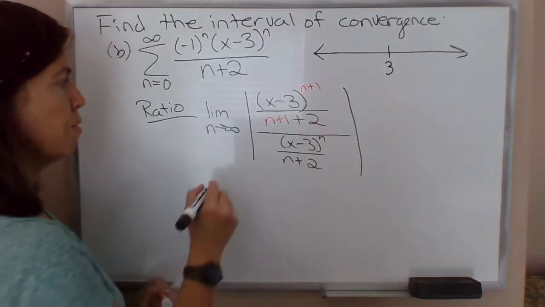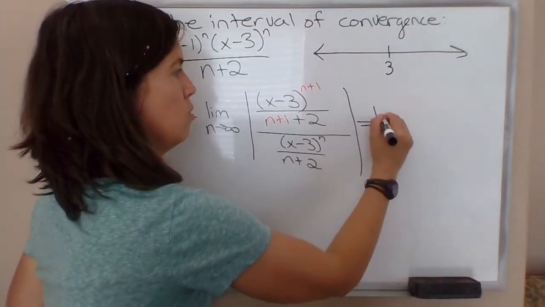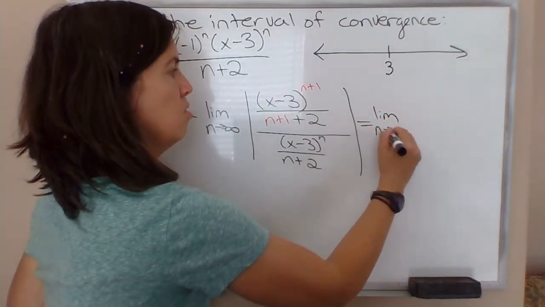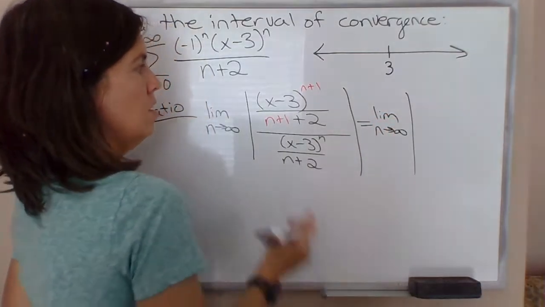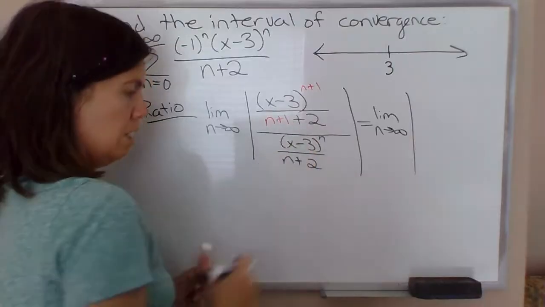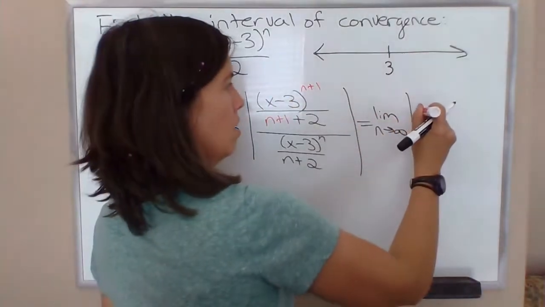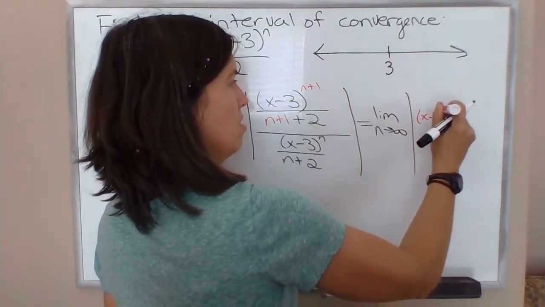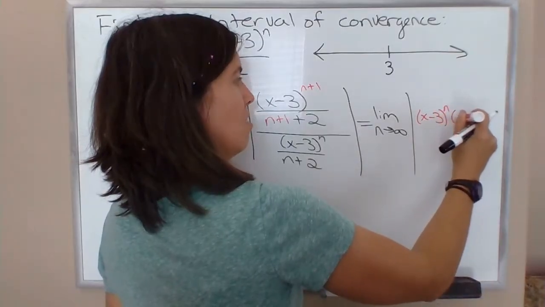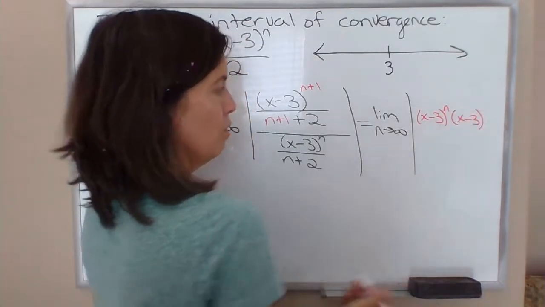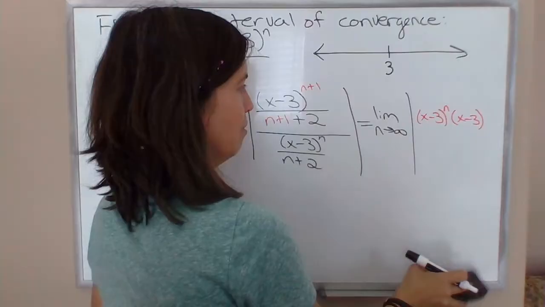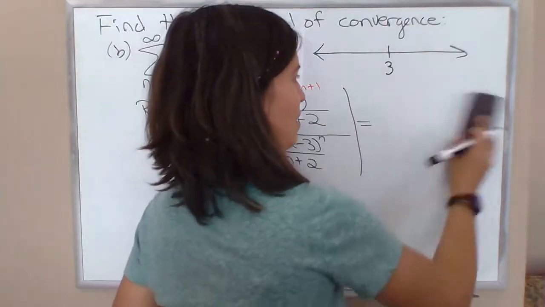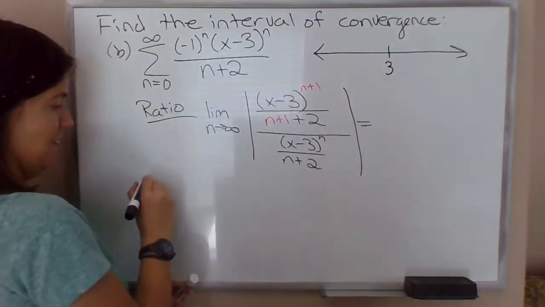Okay, so now we need to simplify. So this is equal to the limit as n approaches infinity. So this expression right here I will write as x minus 3 to the n times x minus 3 to the first. I'm going to run out of room, aren't I? Hold on. I'm going to start over down below. Go ahead and work ahead of me.